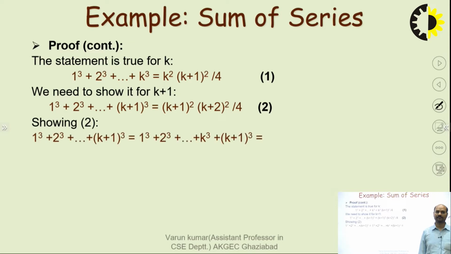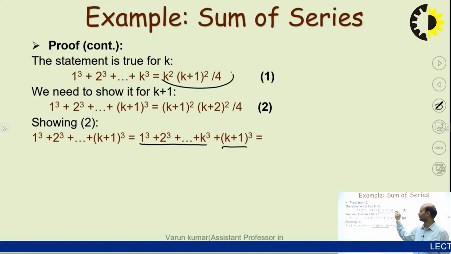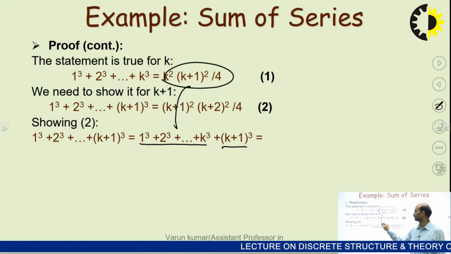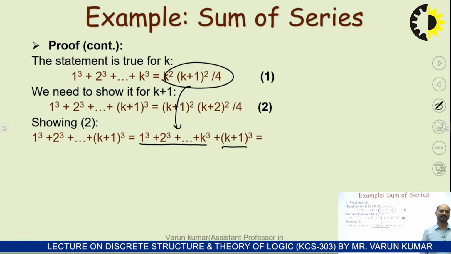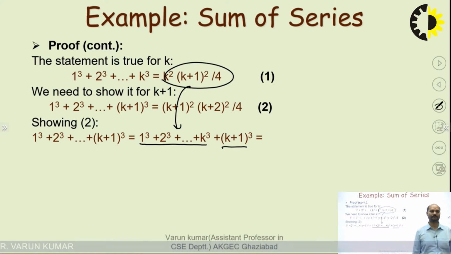So we expand our series like this: 1 to k to the power 3 and (k plus 1) whole cube, and we substitute this particular function in place of this series, because in step number 1 we assumed that this function is true.